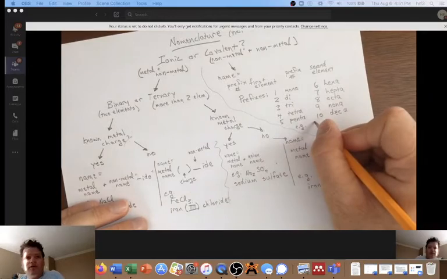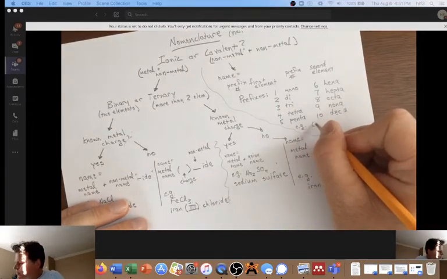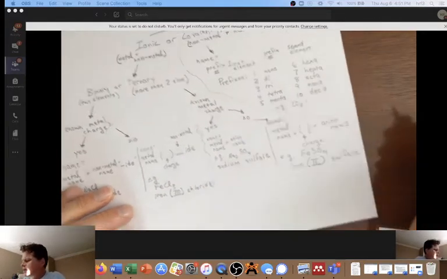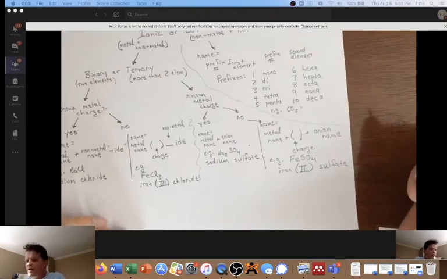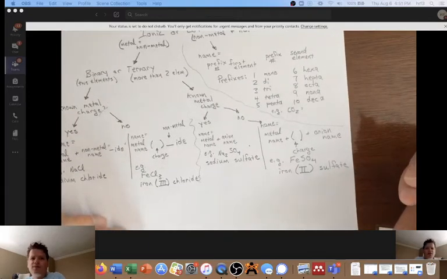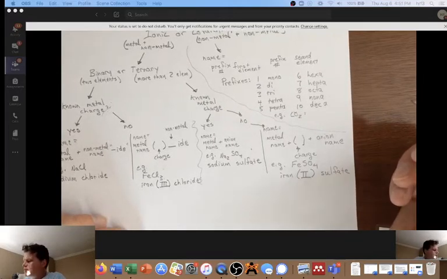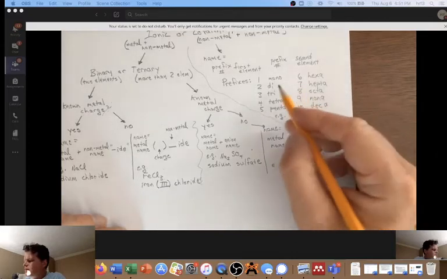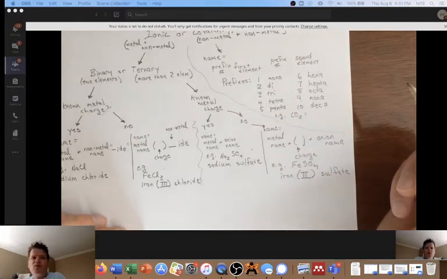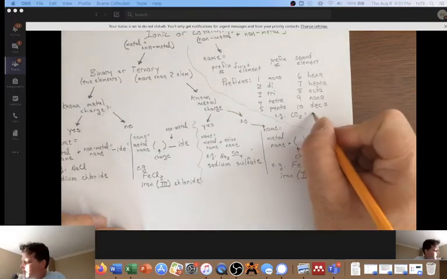So, for example, CO2. The name for CO2, I have 1 carbon, so I could call this monocarbon, and I have 2 oxygens, so dioxide. Now, one little trick here, as you might know, we actually just call this carbon dioxide.